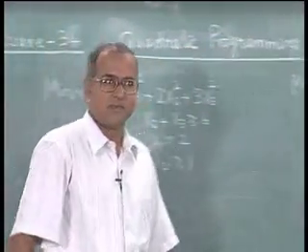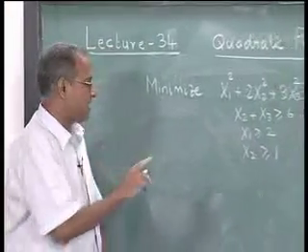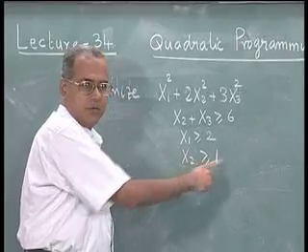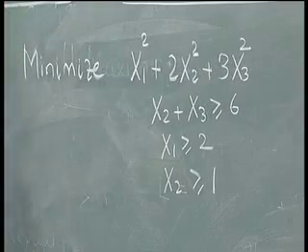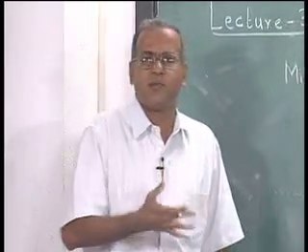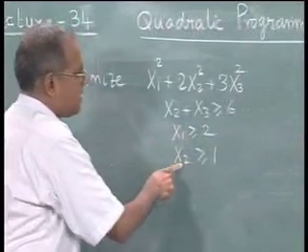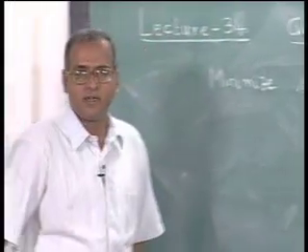Now, in linear programming, we are used to writing this as, for example, x2 minus x5 equal to 1 and putting x5 greater than or equal to 0. Because linear programming has this explicit restriction that every variable is greater than or equal to 0, it was easy to write this as x2 minus x5 equal to 1 and then say x5 greater than or equal to 0.